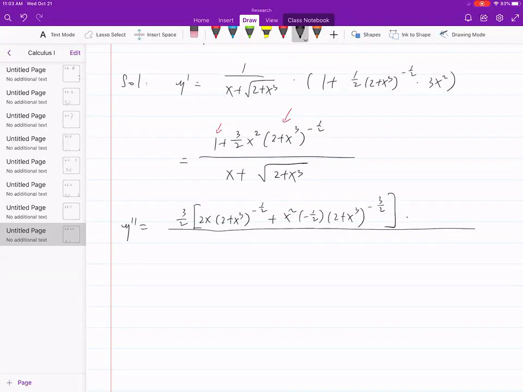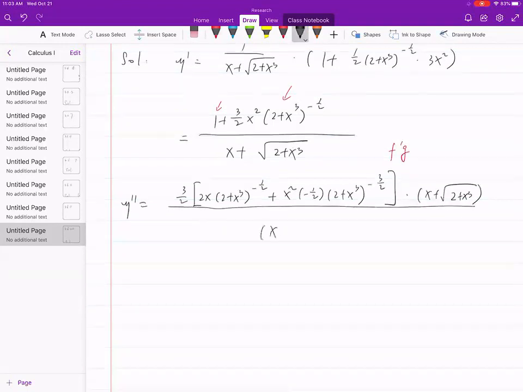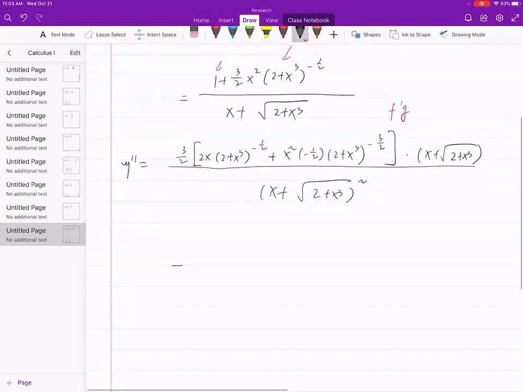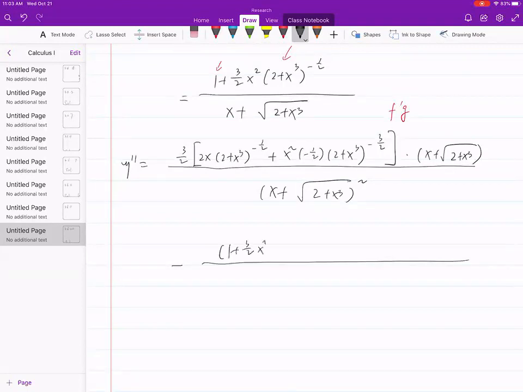Times the bottom. Everything I just wrote down is the f prime g part. Now we still need the minus g prime f part. Now let's just copy this. Here is a times 3x squared.